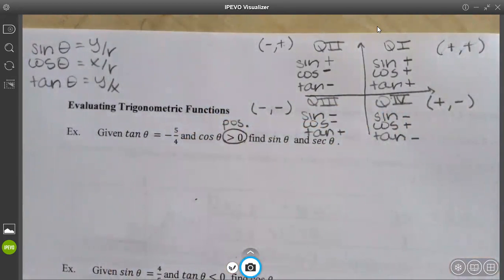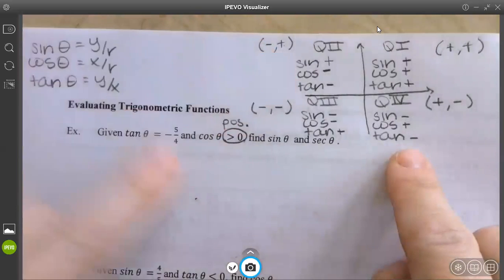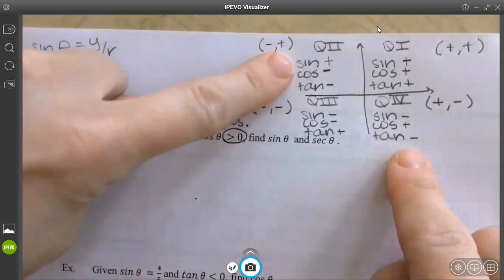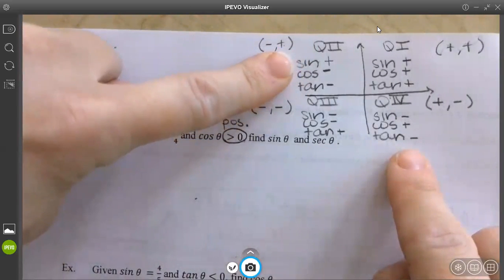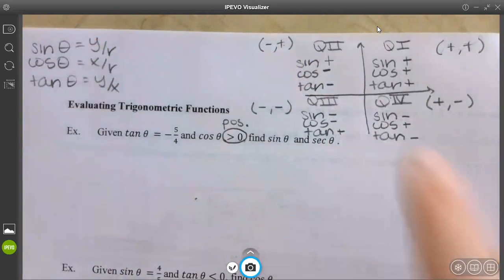Okay. So let's stop there for just a minute. Why do they tell us this? What kind of value is tan theta? Negative. So what quadrants is tangent negative? 4 and 2, right? But then it says that cosine is positive. So which quadrant are we looking at? We're looking at quadrant 4.